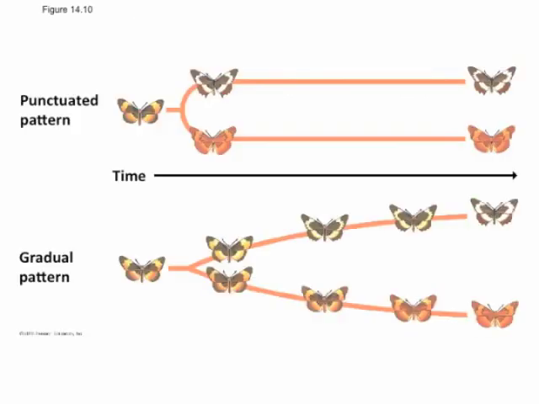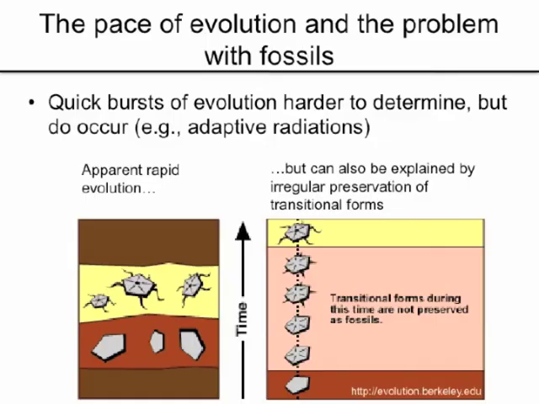So here's what they might look like graphically. In a gradual pattern, you're going to see gradual changes over time, whereas in punctuated patterns, you're going to see many species stay the same for very long periods of time, and then a very rapid change to a new species.